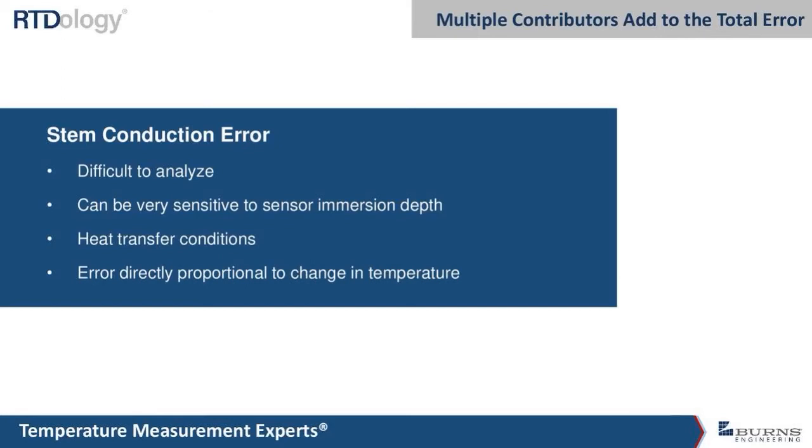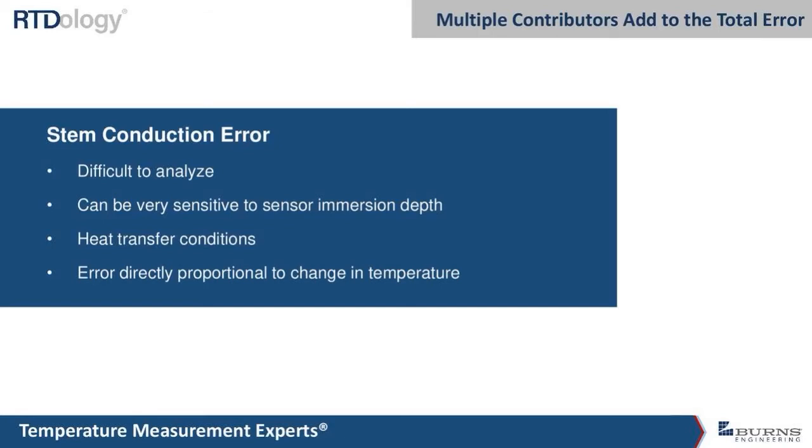We have one here, it looks like. How does thermal well selection affect error? Okay. Somebody's jumping ahead a little bit, but that's good. There's a variety of different thermal well styles, and they can have a very significant effect on accuracy of measurement.